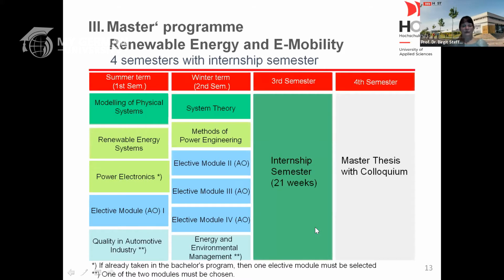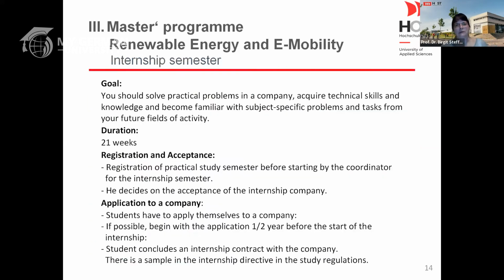Then here we have the curriculum of the 4-semester model with internship semester. The internship takes 21 weeks. You work during this time in a company or at an institute of our university. Here I have some details about the internship semester.